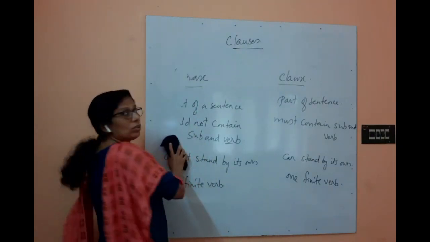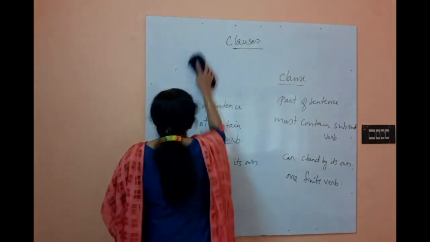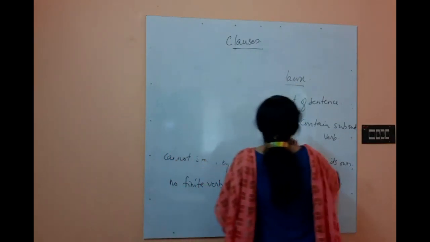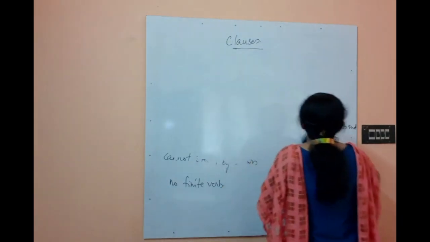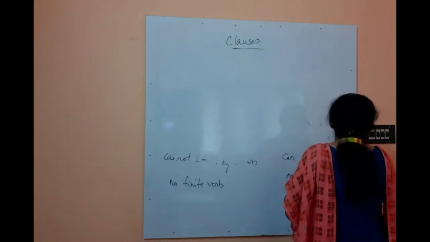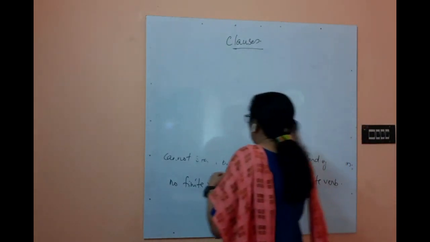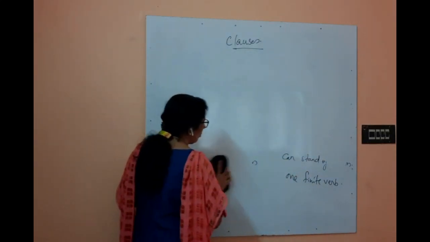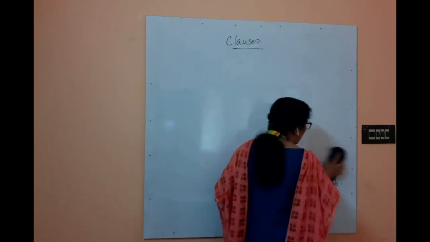Next, moving on to the classification of clauses. The classification is the same as for phrases: adjective clause, adverb clause, and noun clause. What is meant by an adjective clause? We know that a phrase that does the work of an adjective is called an adjective phrase.